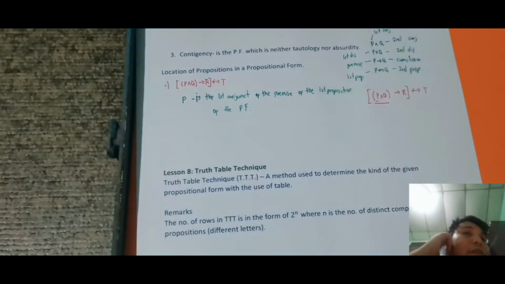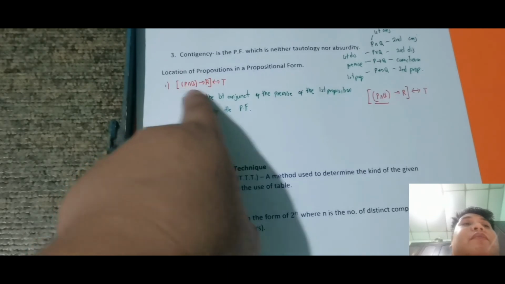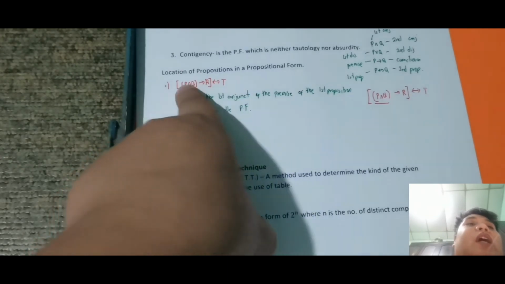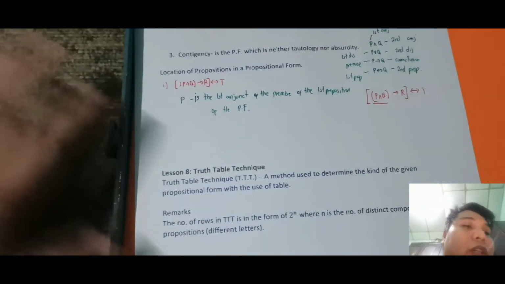Yan o, kasimple. Okay, ulitin ko: P is the first conjunct of the premise of the first proposition of the propositional form. Ngayon, gagawin natin.